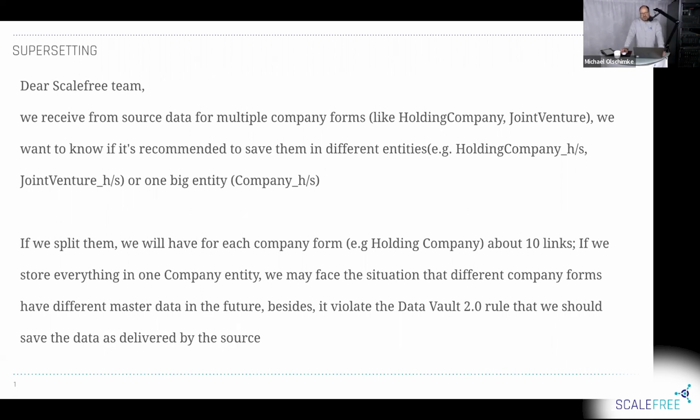You want to avoid supersetting and subsetting, and you want to avoid having different granularities and different semantic meanings in one hub. It all belongs together somehow, because you might face two issues. One is a granularity problem, not on the hub actually, but on the satellites. When you put different business keys for different business objects at different granularities into one hub, it will work most probably on the hub, but the problem might occur on the satellite describing the hub.